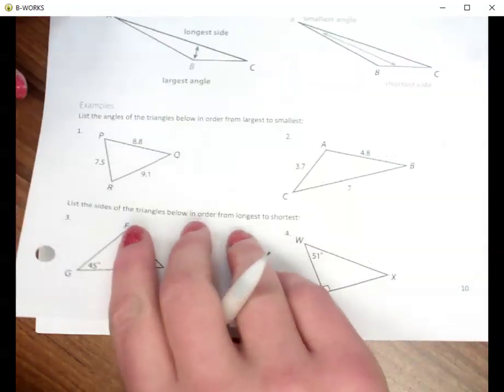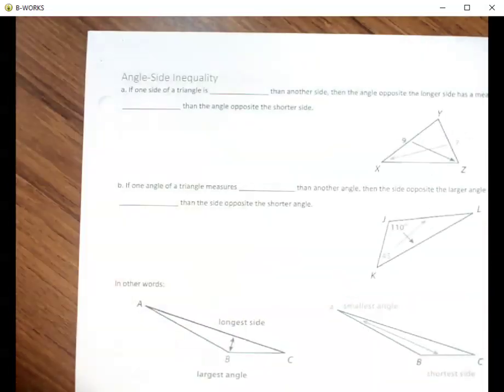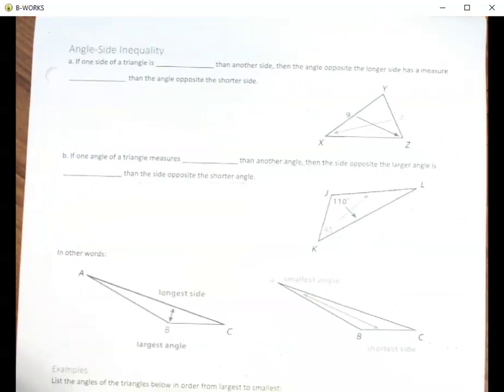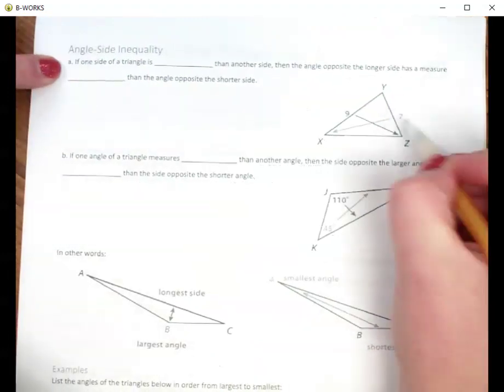Next we're going to talk about the angle side inequality. First, we're going to look at the measure of sides.